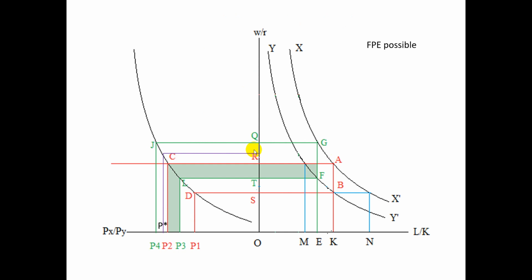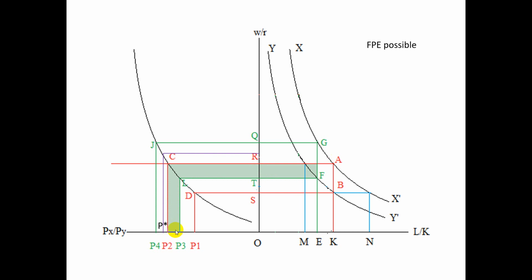Now in that case also there will be complete factor price equalization. Why? So this green zone is the zone of overlapping. So if the pre-trade factor prices are somewhere here, suppose this is for A and this is for B, then the pre-trade commodity prices will be lying somewhere in this overlapping zone.